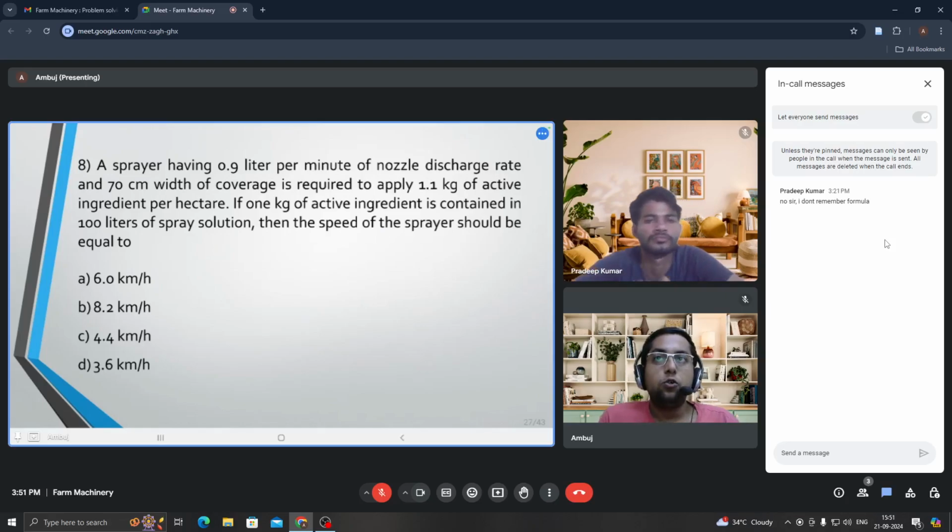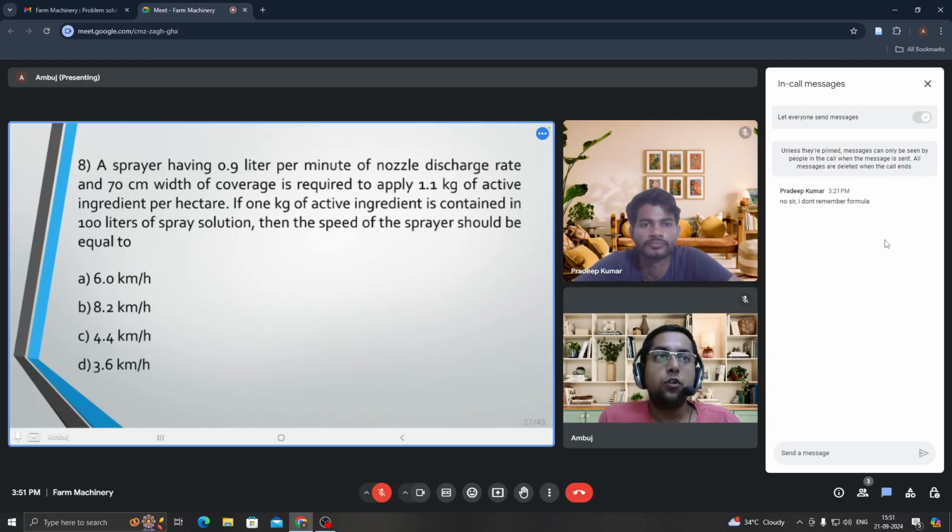Two things are coming into the picture here. The AFC, actual field capacity, can be calculated in two different ways. First, your spray rate has been given, 100 liters of spray solution, and the actual coverage of 1.1 kg of active ingredient per hectare.